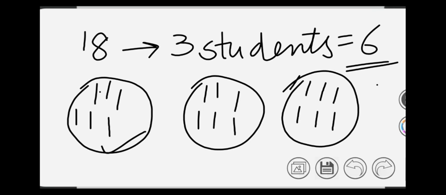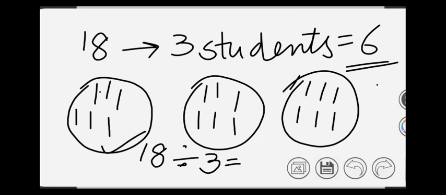Now, if I want to write this in terms of a division sentence, how can I write? I will write 18 because this is the total. So 18 I have divided, so I'll use the division symbol. I have divided among 3 students is equal to, and how much will each get?